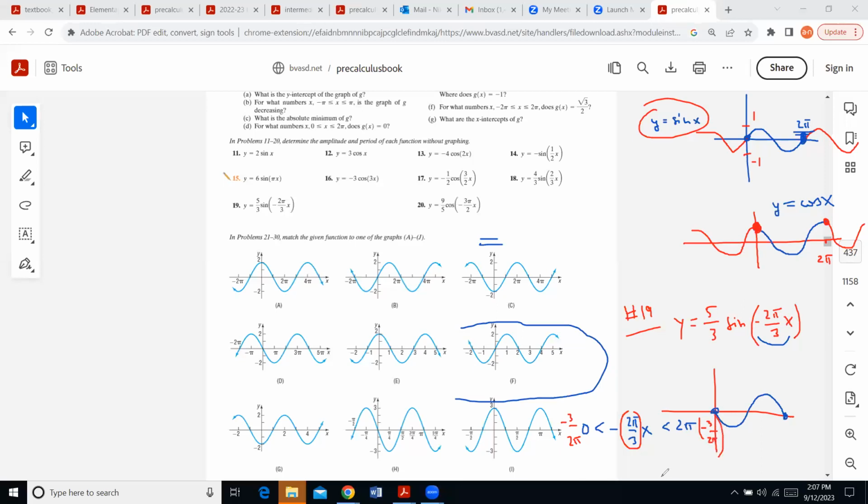Because when I do this, I'll be able to cancel this 2 pi and 2 pi. And it looks like negative 3 will be over here and a 0 on the other side. If I multiply by negative 3 over 2 pi, that reciprocal will actually cancel out with the original fraction. I have x in the middle of my inequality, with one little extra thing to watch out for, and that's the sign flip, because we multiply by a negative.